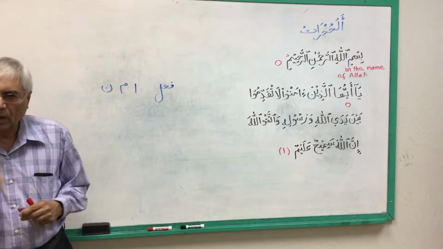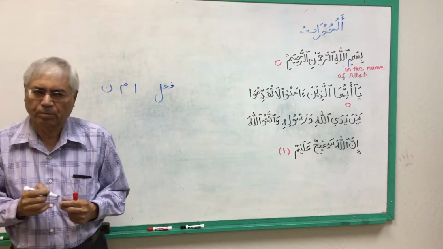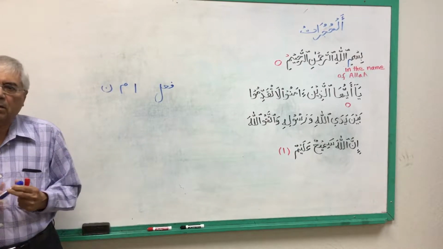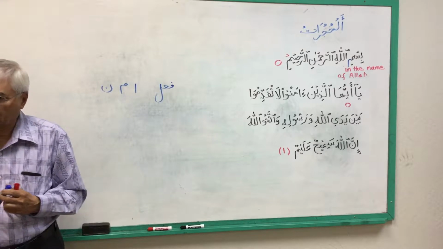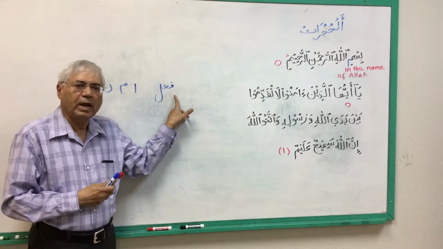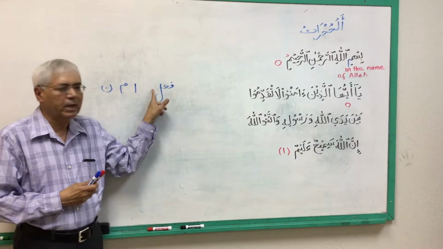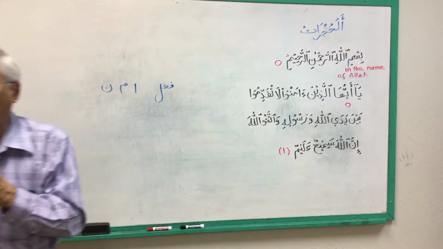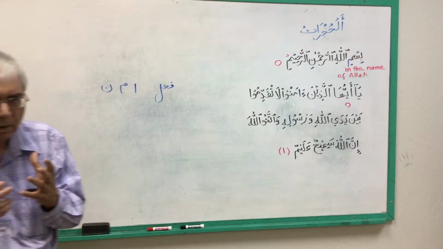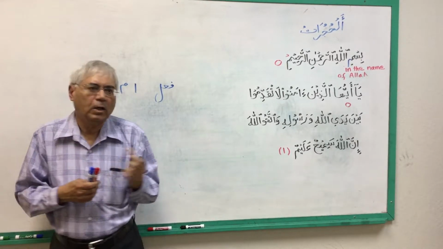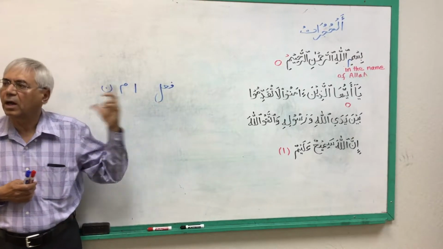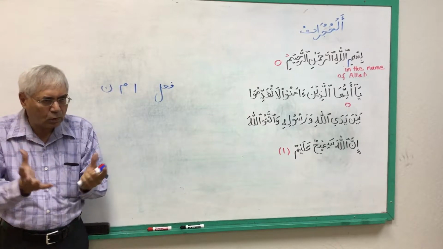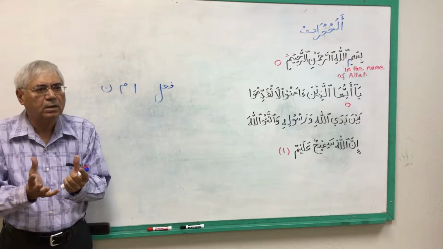So this is a category of words. Any letters that are three in number will belong to this family, because this family has three letters in it. And this family is called Bab. The name of the family is Bab. So this is called Bab-e-Fa'ala.